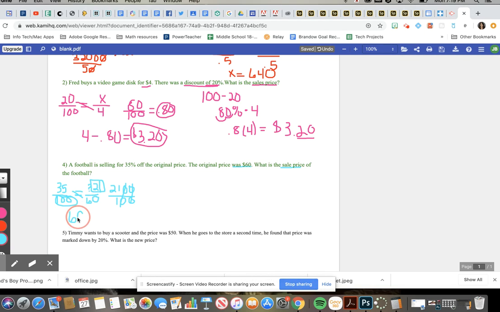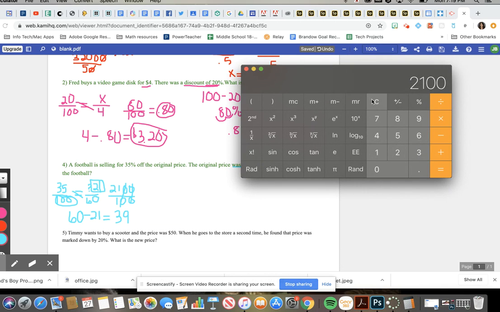So I have to take that $60 minus how much it was off on the sale, minus the $21, excuse me. And that should give me, what is it, 39? I'll double check. I think it's $39. 60 minus my $21 discount, $39.